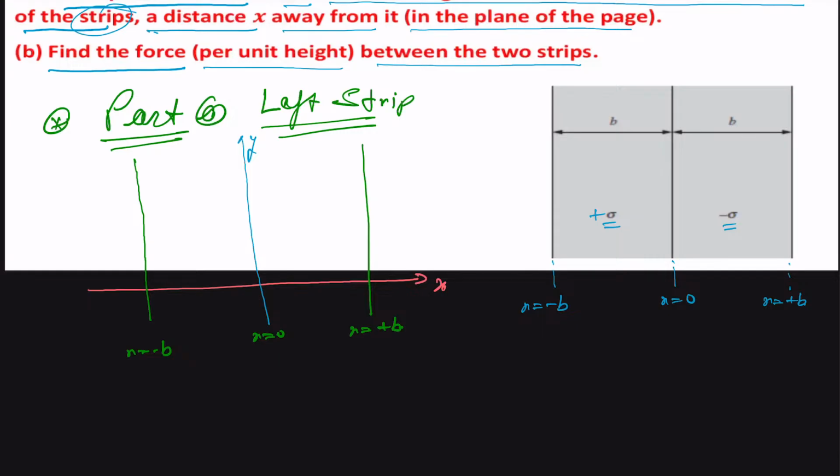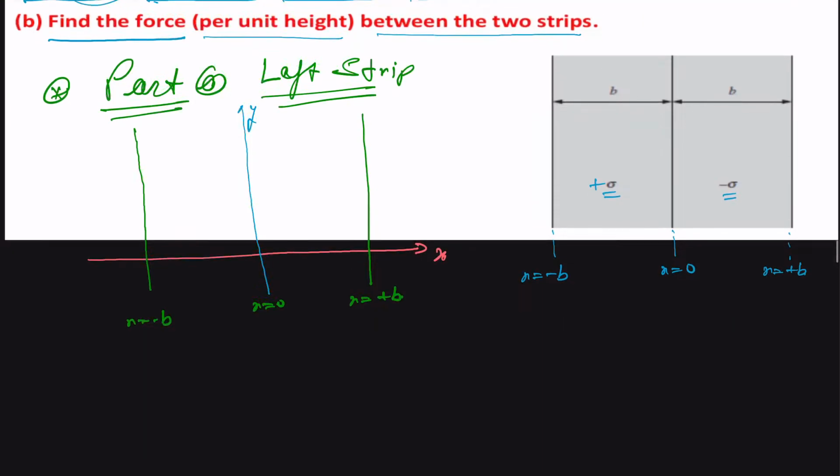And let us consider a small pipe-like structure, because this is our strip, whose thickness is dx, and its distance away from the y-axis is, let us suppose, x prime.